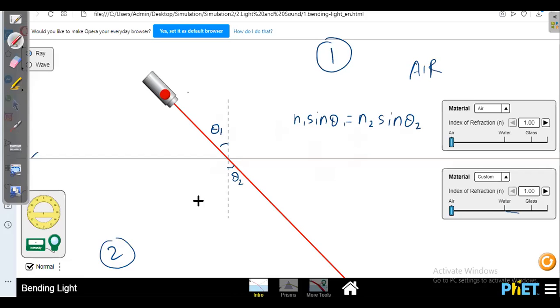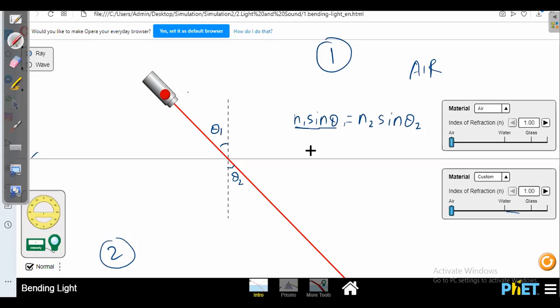Now n1, the medium 1 properties, I am not changing, but medium 2 properties I'm going to increase. Somebody tell me: n1 is fixed, theta 1 is also fixed. Both are fixed quantities. I am increasing n2. Now what will happen?